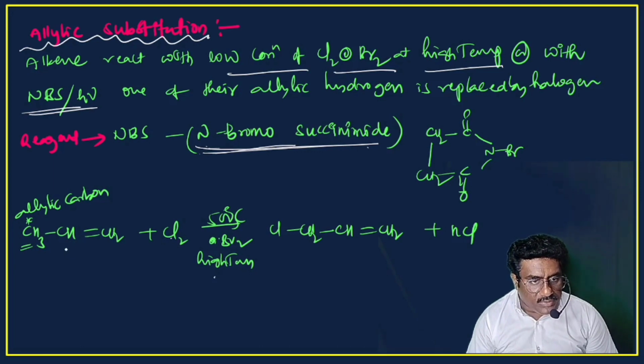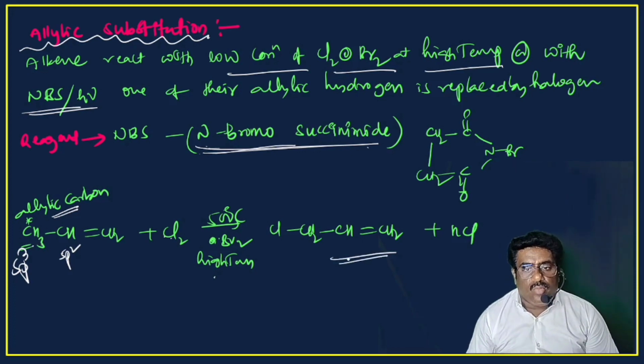An sp2 carbon attached to an sp3 carbon gives the allylic carbon. Allylic carbon with hydrogen is allylic hydrogen. One allylic hydrogen is replaced by chlorine to form a product. It is allylic substitution.